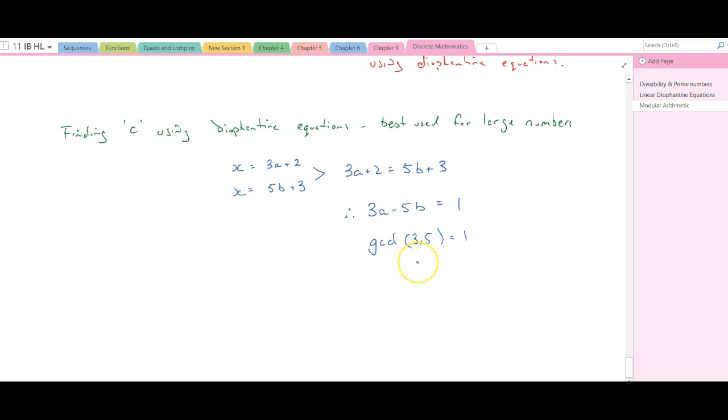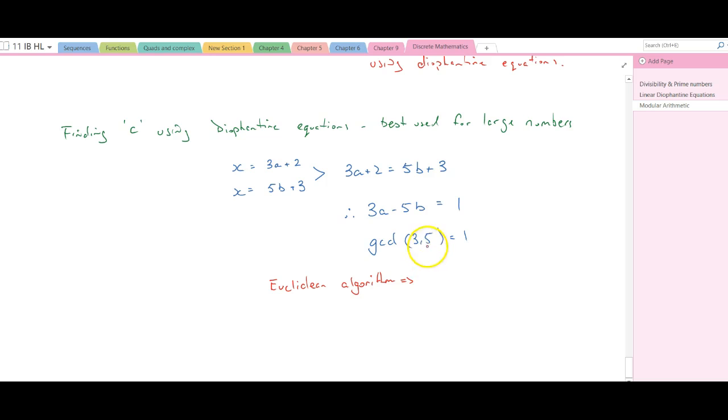Now we need to use the Euclidean algorithm. In order to solve the Diophantine equations, the Euclidean algorithm is a good recap also.